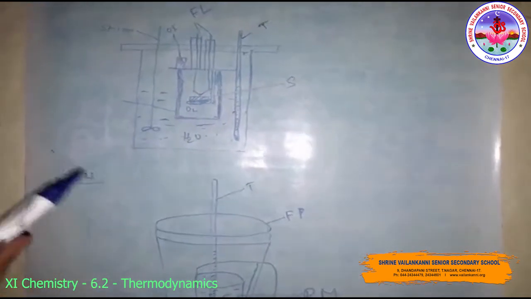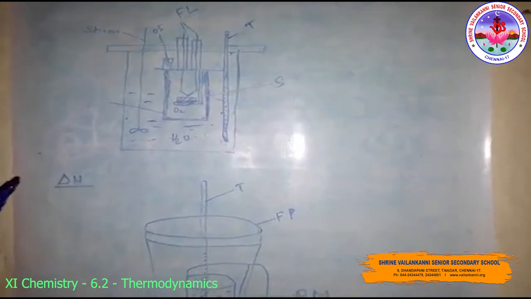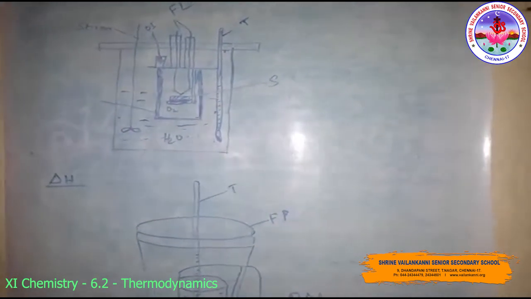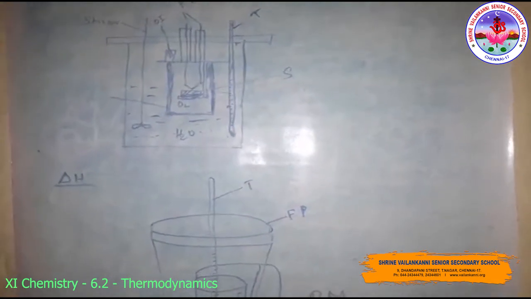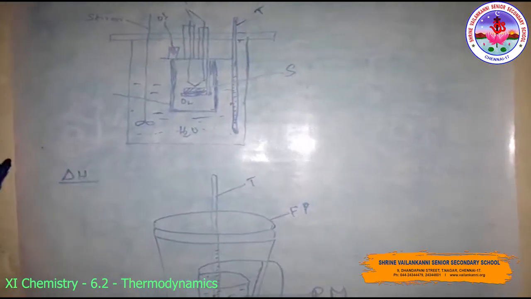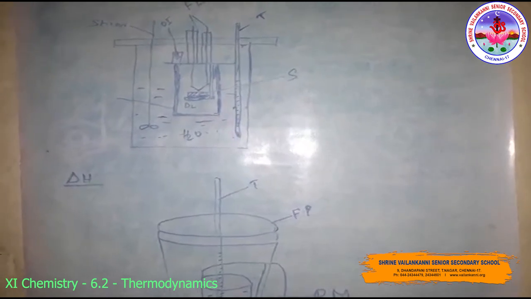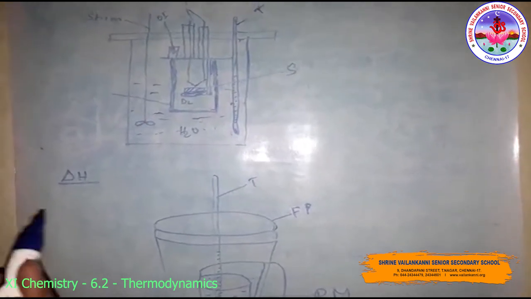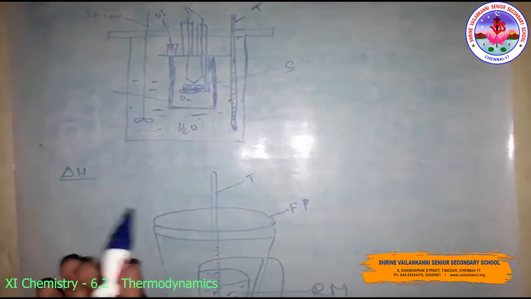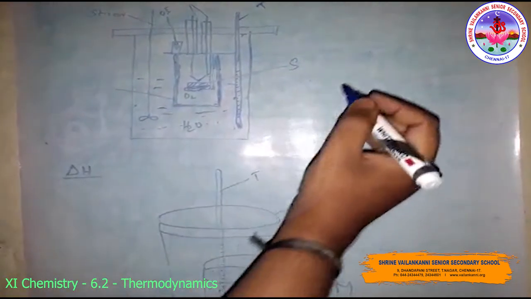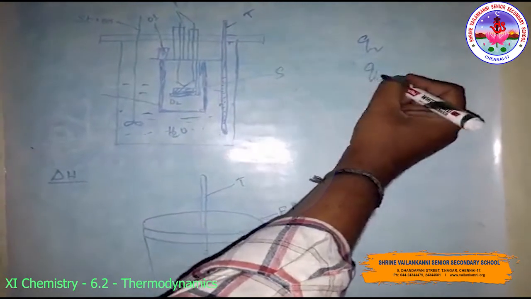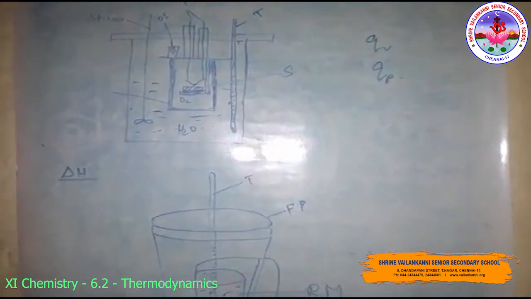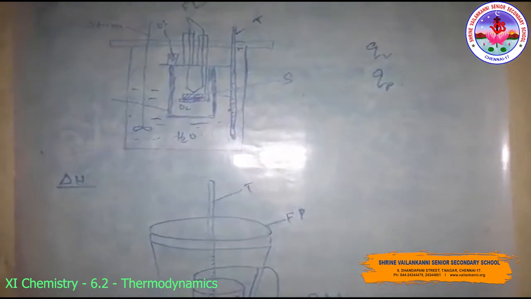Knowing the heat capacity of the liquid and of the calorimeter, it is possible to determine the heat evolved in the process by measuring temperature changes. Measurements are made under two different conditions, at constant volume, QV, and at constant pressure, QP.